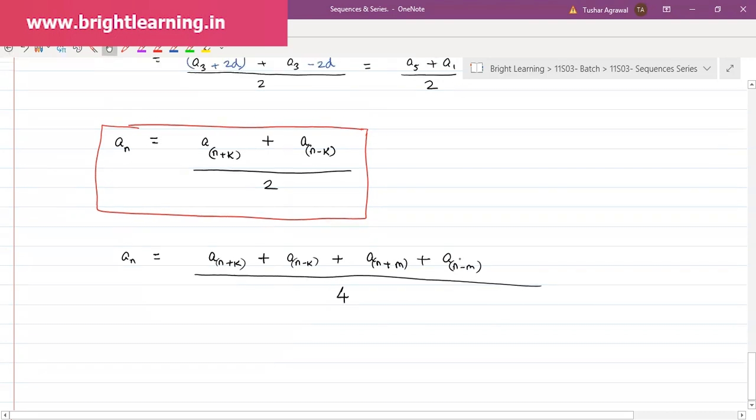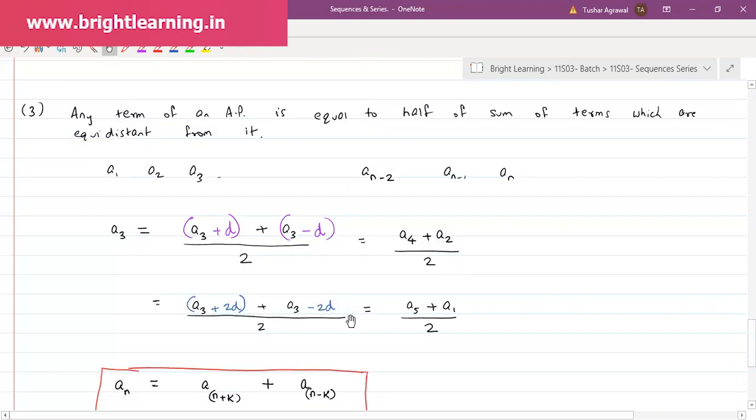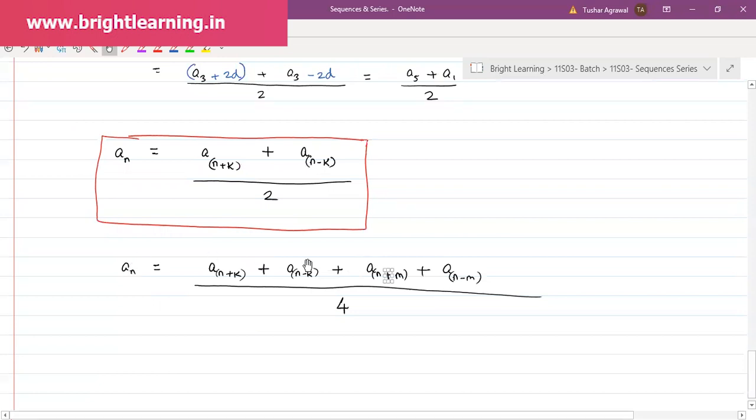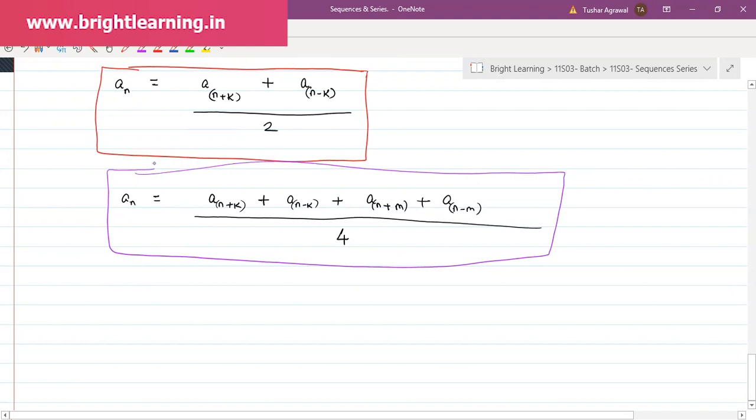Even the further term and the backward term, their addition will be 2 times AN. So these two together give me 2 times AN, and these two together give me 2 times AN, that is 4 AN. And when I divide it by 4, I get AN. Can you see this result? Yes, sir. Okay. Similarly, you can do it for 6 terms also, taking 8 terms also. Just take equidistant terms.